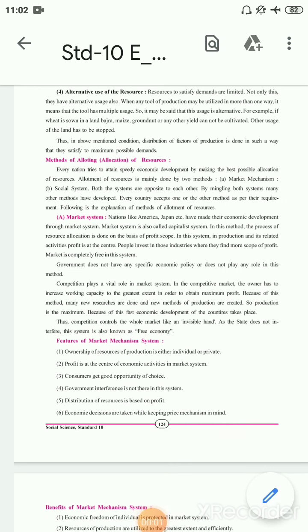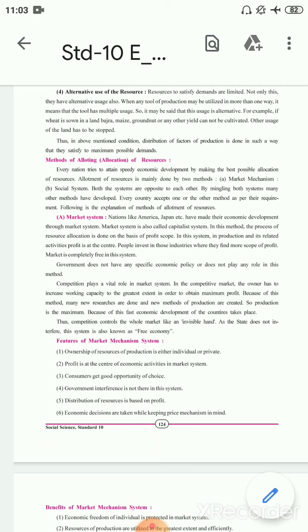Now let us try to become familiar with the methods of allotting or allocation of resources. A country which tries to attain speedy development must make the best possible use of the resources, and this can only be done if we are able to allocate or allot the resources in a proper planned manner. Allotment of resources can be done by two methods, that is market mechanism and social system.